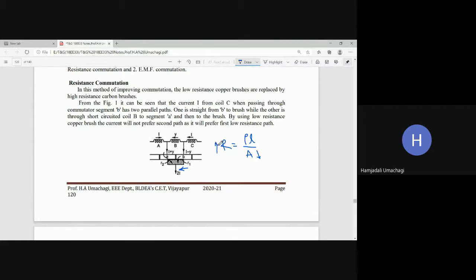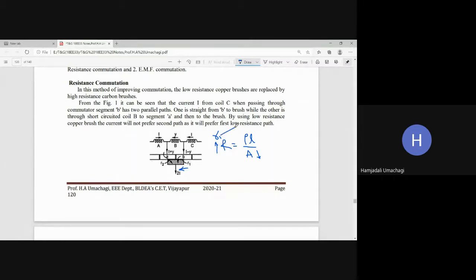How is it related? Inversely proportional. So as the contact area of the brush with the segment decreases, resistance proportionally increases. Which resistance is increasing here? That resistance is R1.